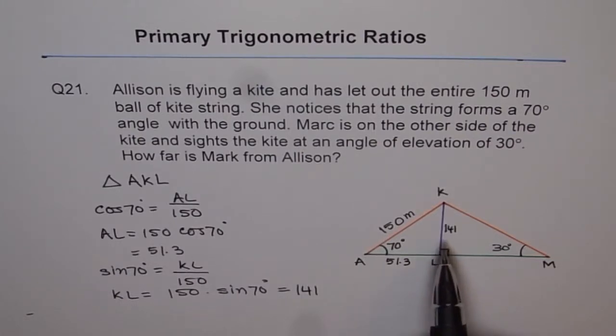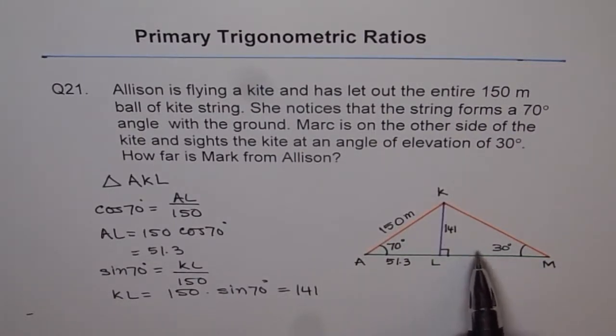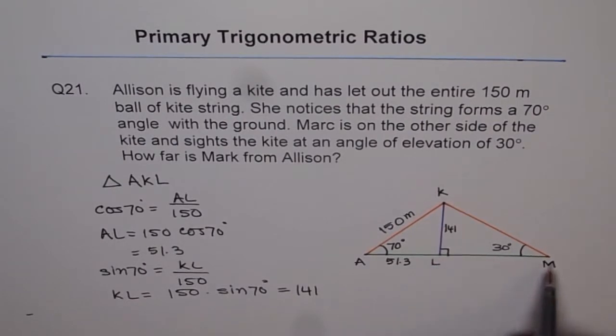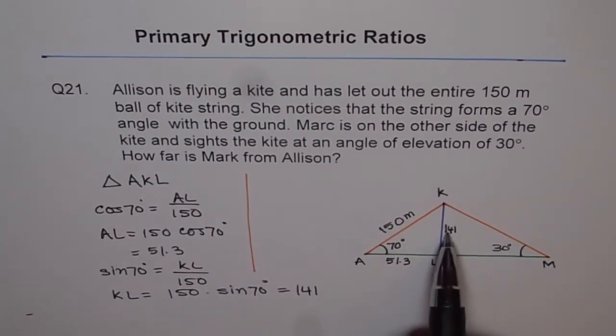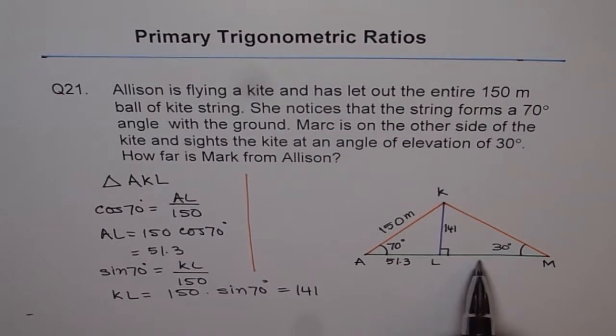Now this height KL will help us solve the triangle on the right side, right? So in the right side triangle, now we need to find the horizontal distance LM, right? So we can use tan. Because opposite side is given to us, we need to find horizontal distance. So opposite and adjacent gives tan 30, right?